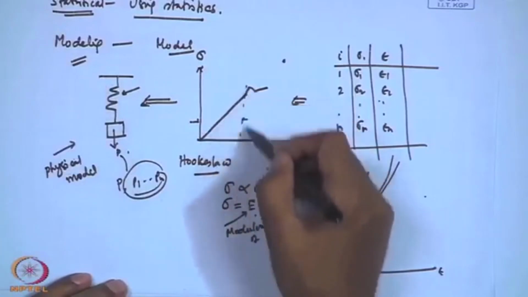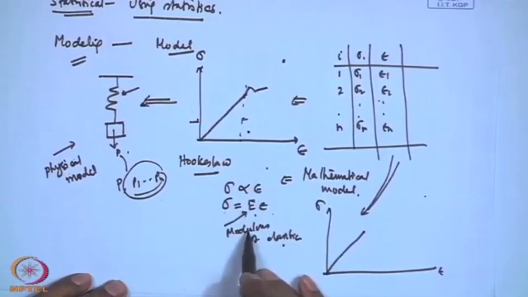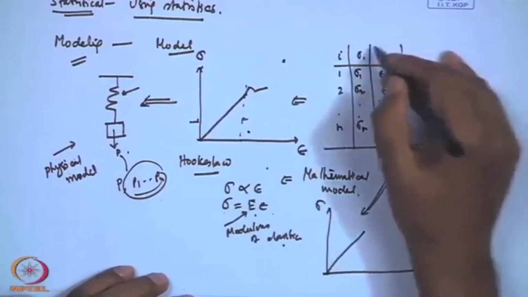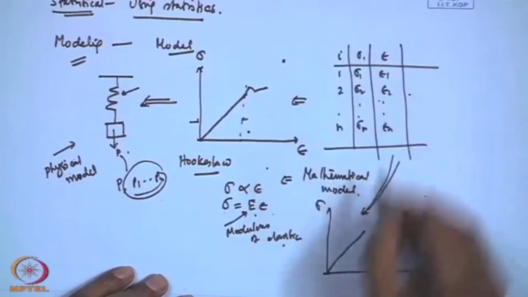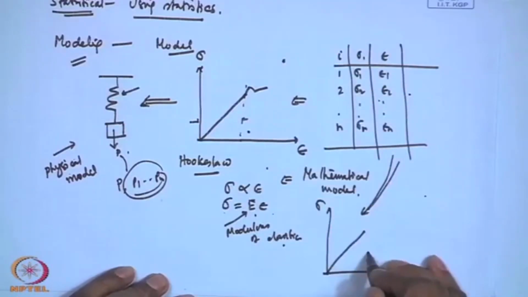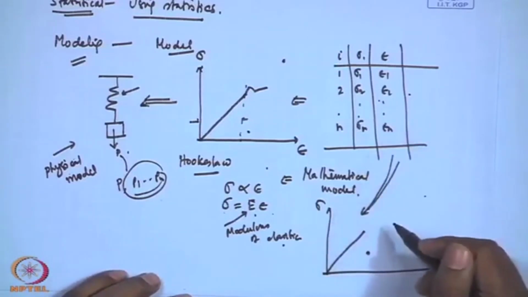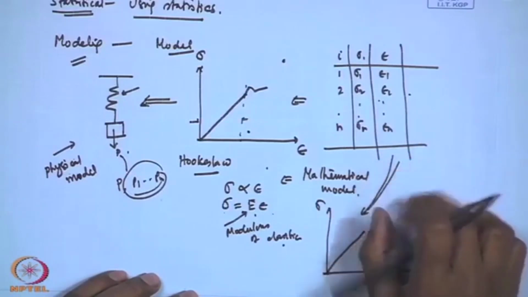If it is an elastic body, this is the diagram, because I know the physics and Hooke's law is known to me. But in case it is not known, I have done several experiments, and based on this I am able to plot like this. It need not be a perfect straight line when you go for empirical modeling. So this is the empirical model.